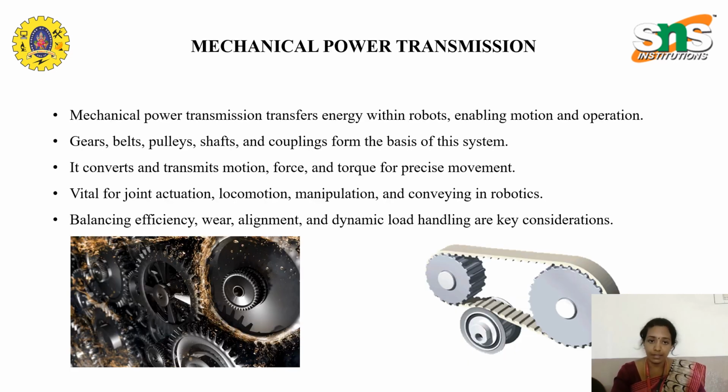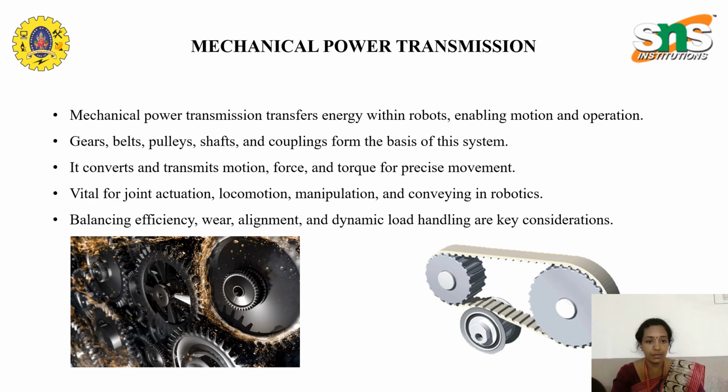The next system is the mechanical power transmission system. Mechanical power transmission transfers energy within the robots and enables the motion and operation. Gears, belts, pulleys, shafts, and couplings form the basis of the robotic system.